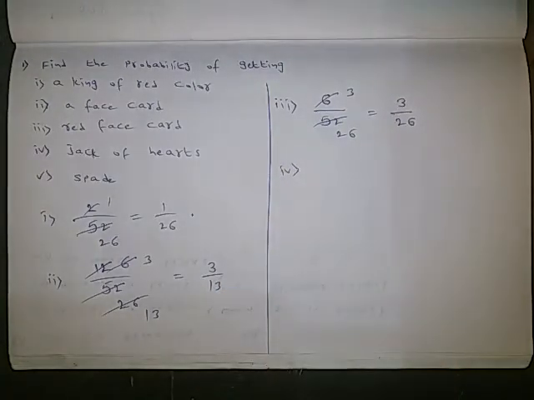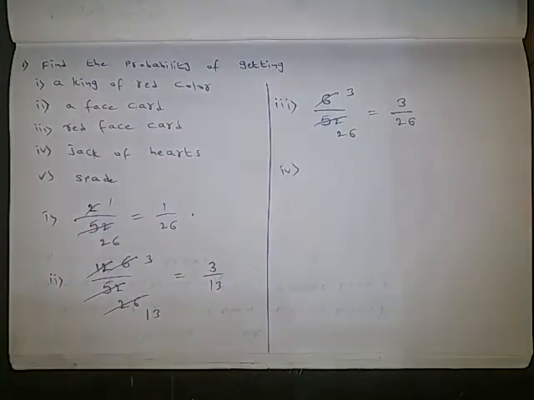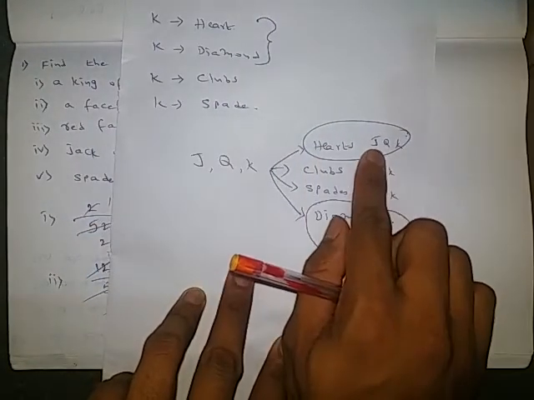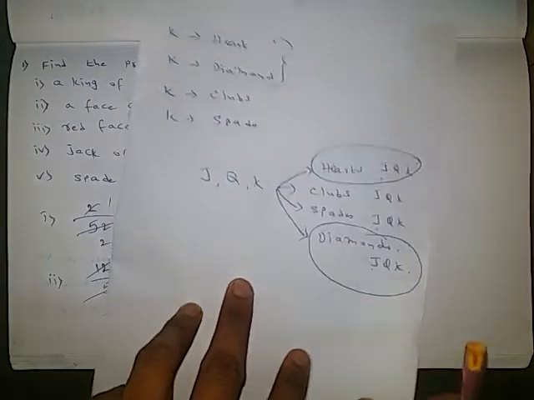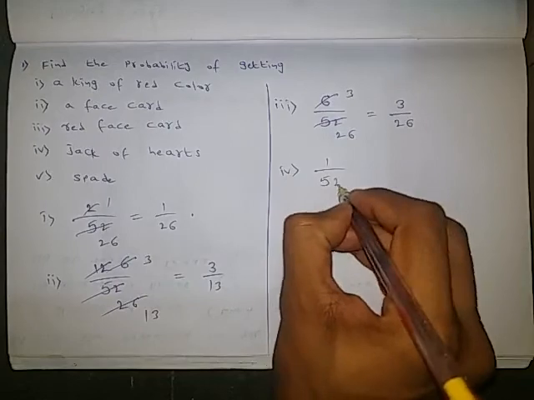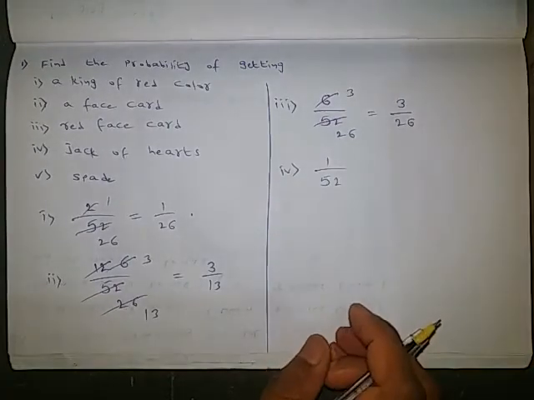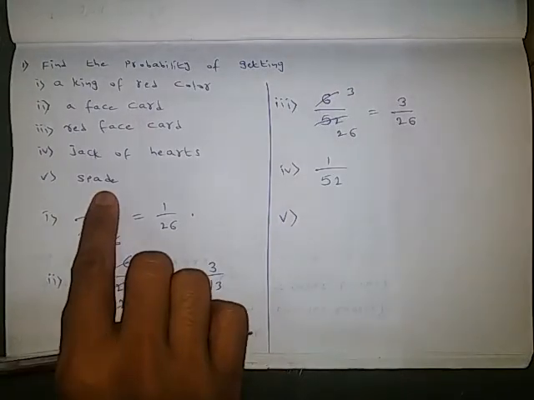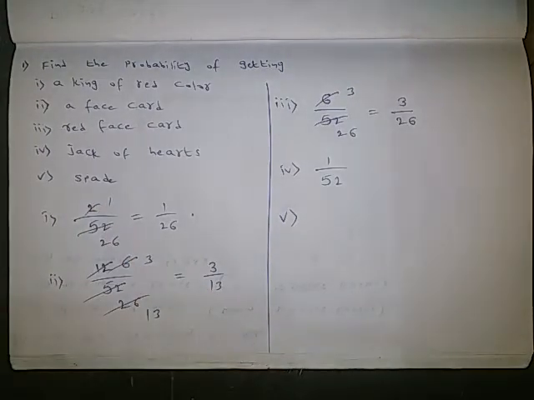Next question. What is the probability of jack of heart? In hearts, only one jack will be there, so that is 1. So jack of hearts is 1 divided by total 52. 1 by 52. Next, what is the probability of getting a spade? Already we know 13 spades are there.